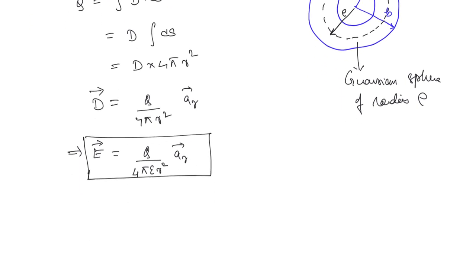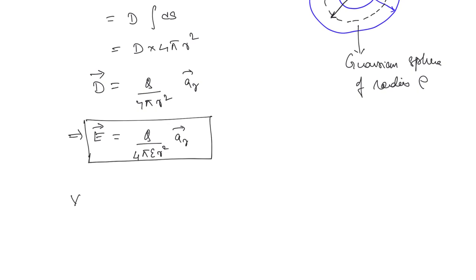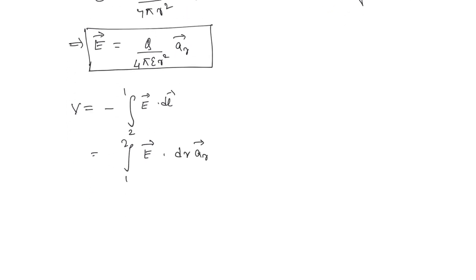From here you can find out the potential. Potential is equal to minus the integral from 2 to 1 of E bar dot dl bar, or you can write the integral from 1 to 2 of E bar dot dl bar. What is dl bar here? This is also in the radial direction, so you are going to take dr a r bar.